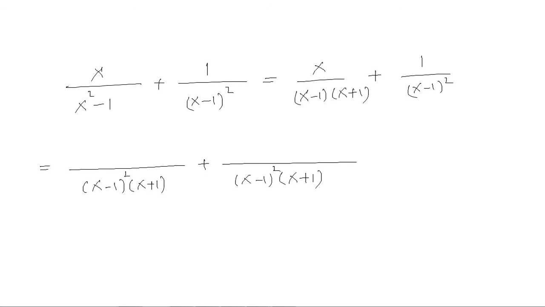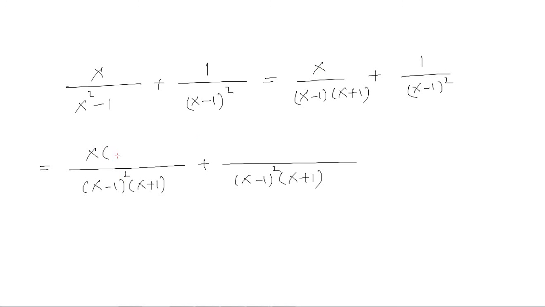Okay, my next step would be to modify the numerators as well, so that I don't change the value of the fraction. I need to check what happened to this denominator. It was multiplied by x minus 1. So I need to do the same for the numerator.